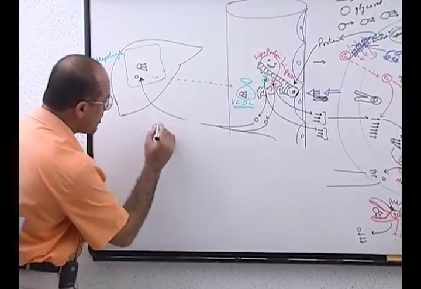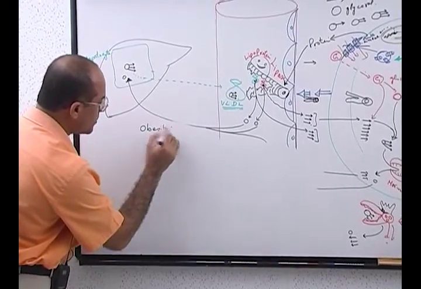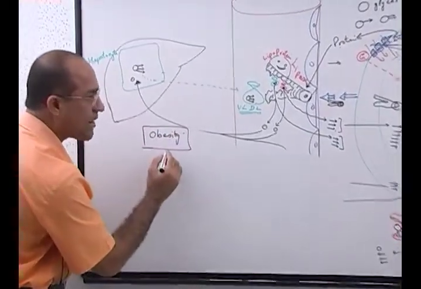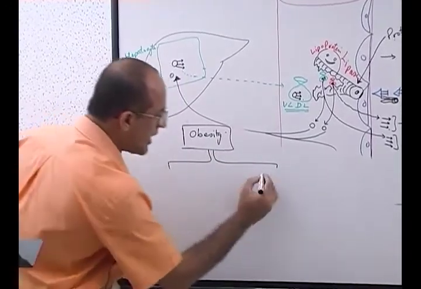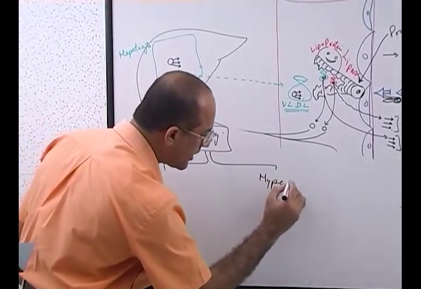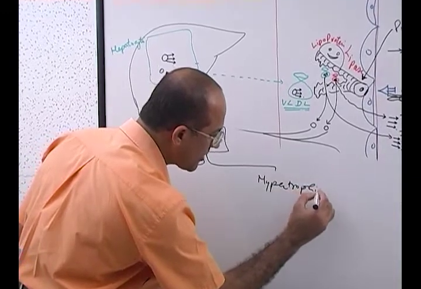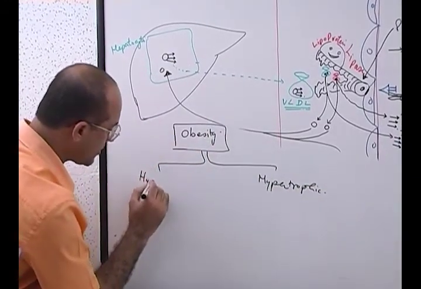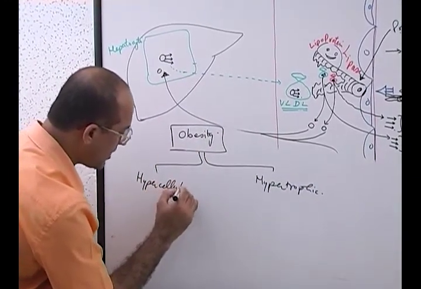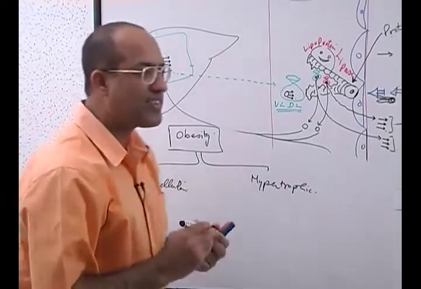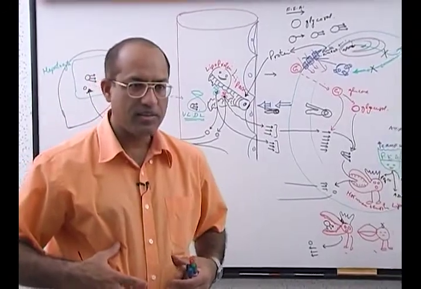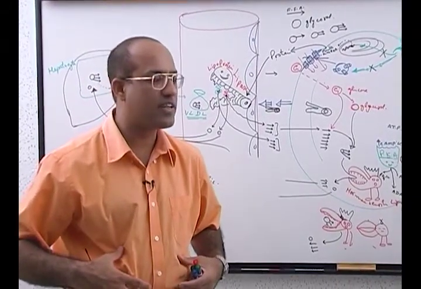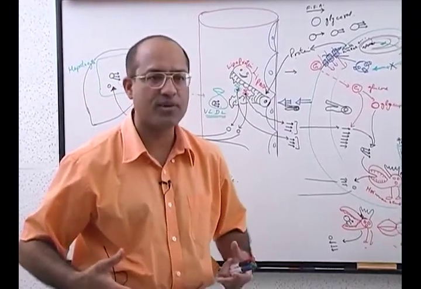Right now, obesity, of course, is when you have a lot of extra fat in your body. There are two types of obesity. Number one is hypertrophic, the other is called hypercellular. Listen, fat cells which are present at neonatal life, in early neonatal life, fat cells or adipocytes can multiply or proliferate.